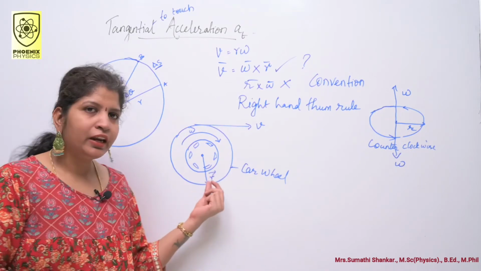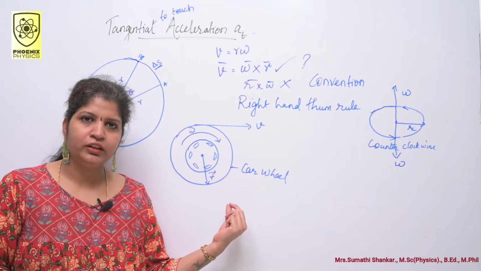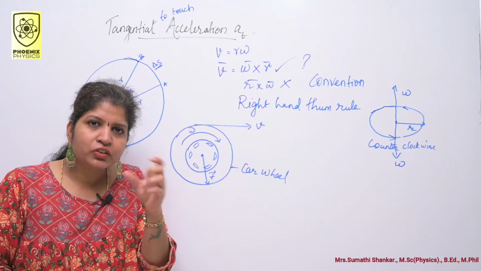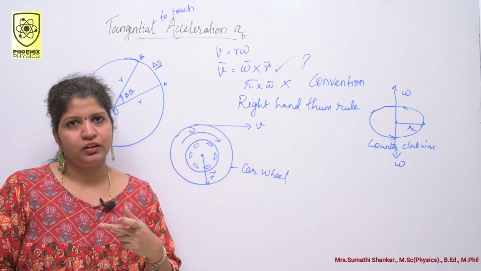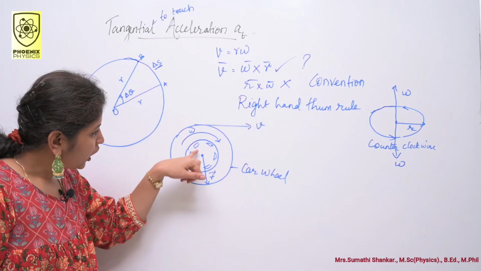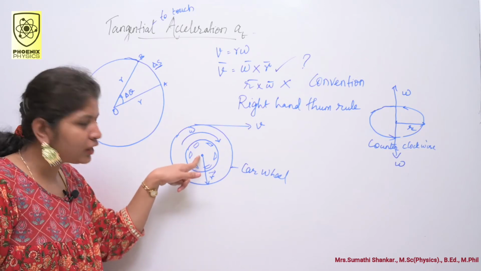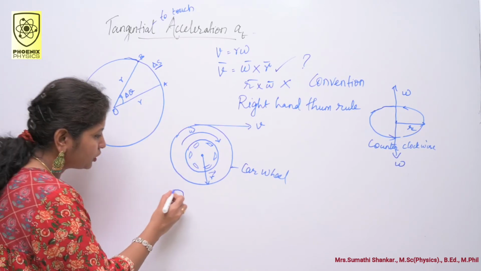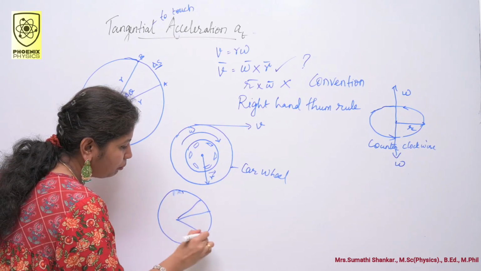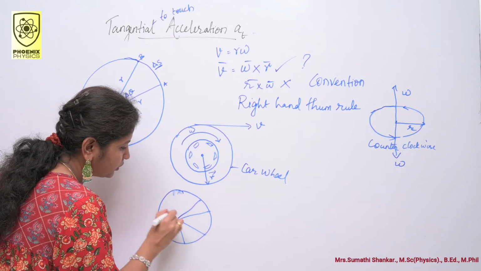Here radius is a vector quantity. The magnitude of the radius is equal inside the circle, but the direction is radially outward from the center of the circle. Suppose the circle is like this, it means you can draw n number of radii like this.